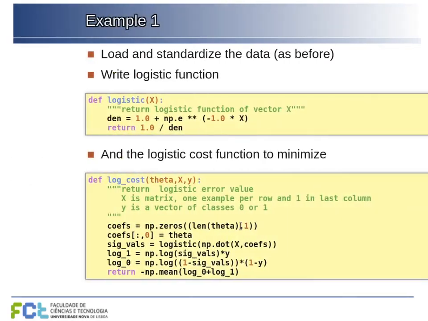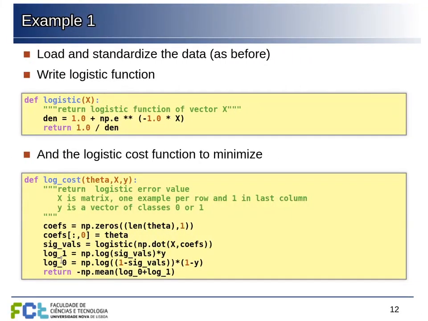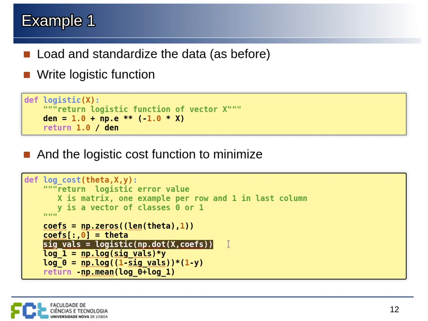So what we can do to implement this is separate this into two parts, and we compute the logarithm multiplied by the class, and the logarithm of 1 minus the probabilities multiplied by 1 minus the class, and then just add the two. And the probabilities estimated are the result from the logistic function there.